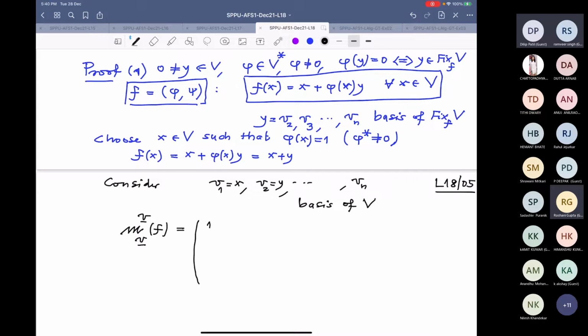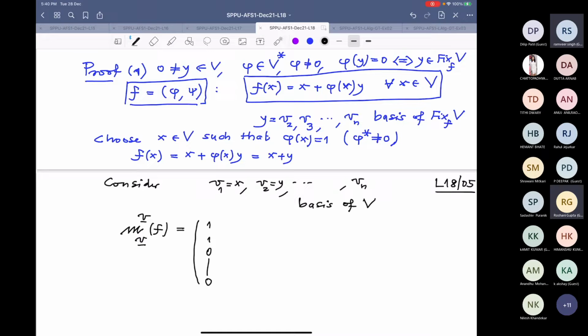So this will be 1, 1, and then zeros. The next vector is y. Where does y go under f?